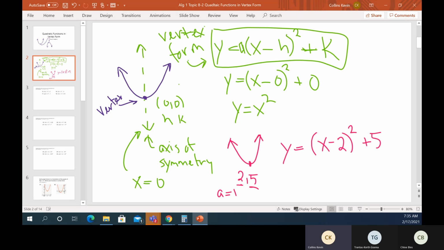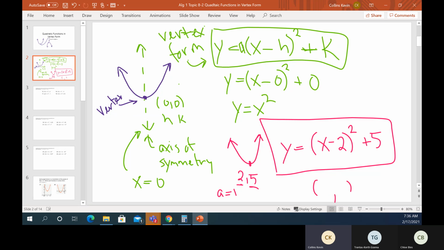Now, the cool part about this is, if they say to you, here's an equation of a parabola, and they say, well, what's the vertex of this guy? Well, this is in vertex form, and the reason it's in vertex form is it's really easy to tell them what the vertex is. The vertex is going to be an xy point, like right here, or right here.